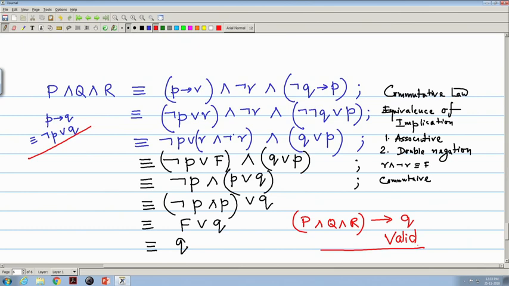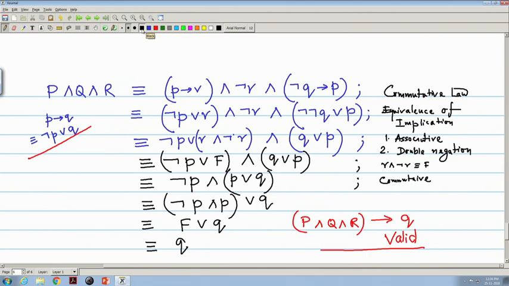Now, we see that to check the validity, we have used propositional equivalence as well as the laws of logic. Today we will see whether we can still simplify it, or whether a group of laws of logic can be combined to check the validity of an argument.